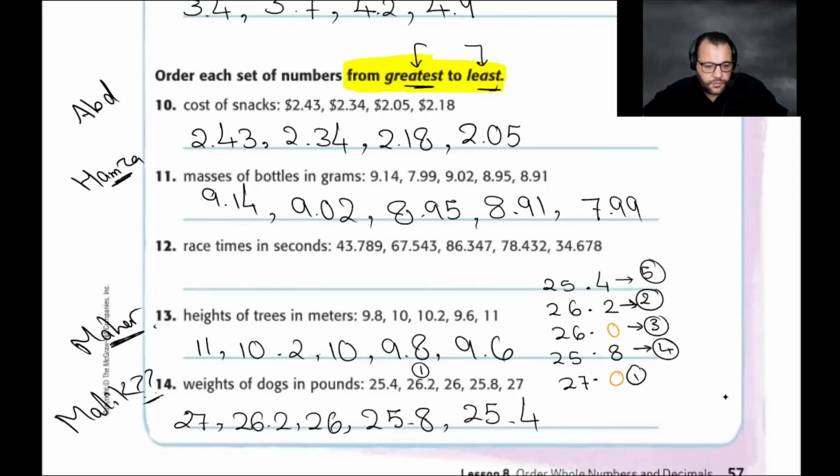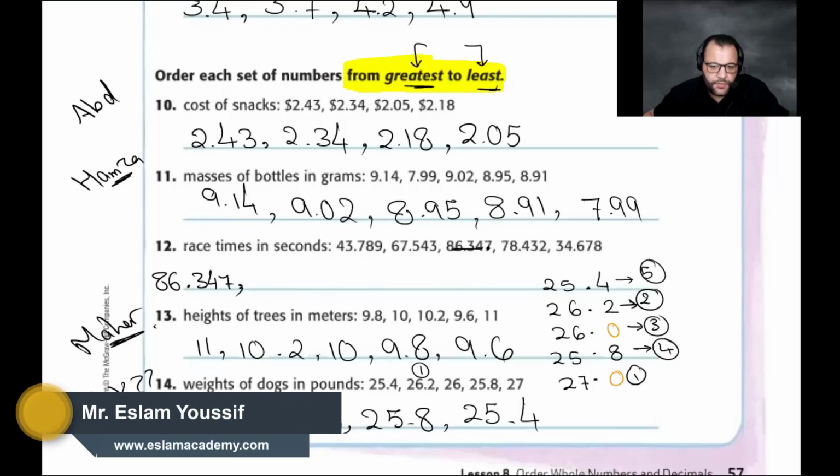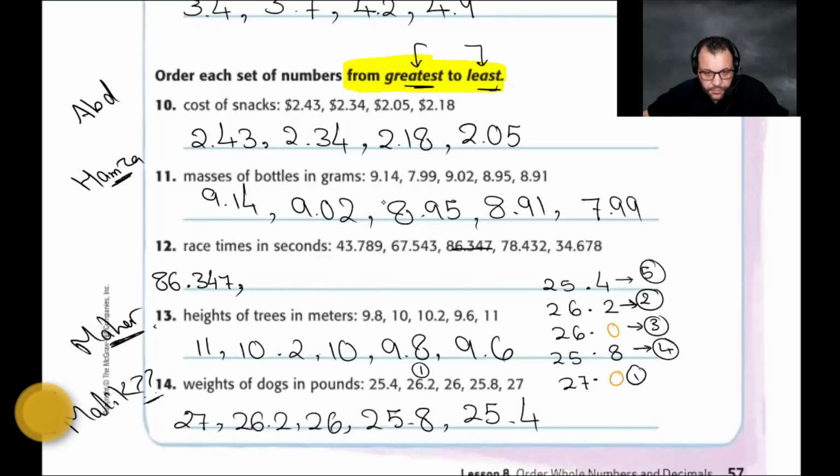We will put the first one, 86 and decimal point 0.347. That will be the first one. The second one is 78.432.